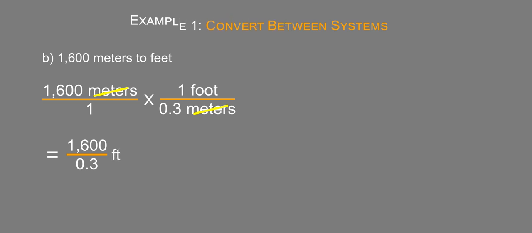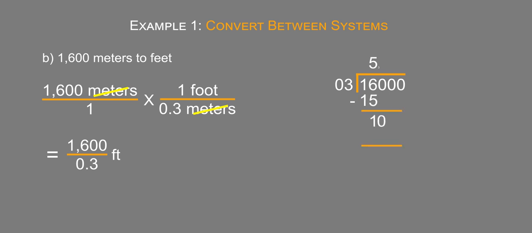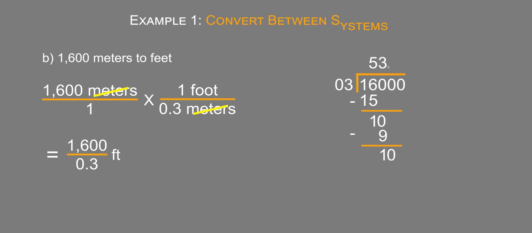Again, we're going to use long division here. We move the decimal place over 1, and we're looking at how many times 3 goes into 16,000. 3 goes into 16 5 times, so 1, bring down your 0. 3 goes into 10 3 times. 3 times 3 is 9, 10 minus 9 is 1. Bring down your 0. Again, that's 3, and this is just going to keep repeating.